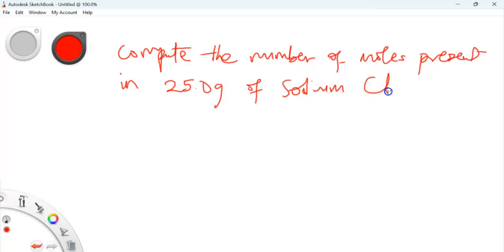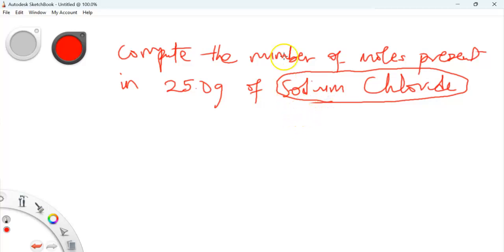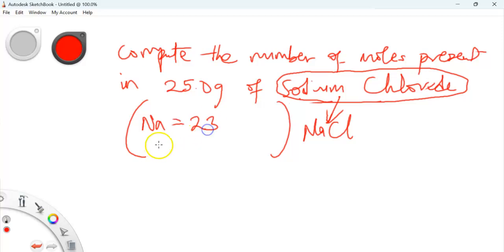Remember, yesterday I told you guys that sometimes the chemical substance might be written in form of a name, and sometimes in form of a chemical formula. If they write it as a name, whether IUPAC nomenclature or old name, you should remember the chemical formula for that. The chemical formula for sodium chloride is NaCl. Maybe they gave you, in bracket, Na is equal to 23, Cl is equal to 35.5.